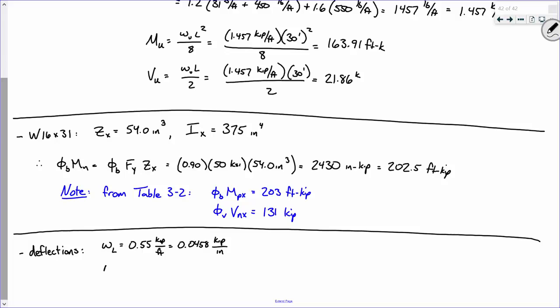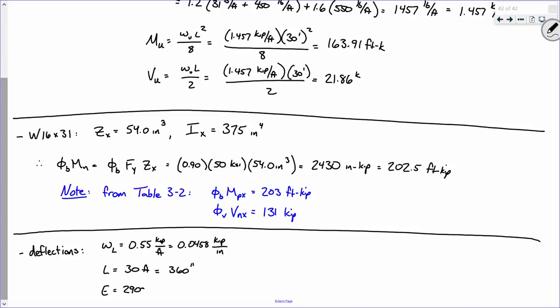Okay. Now the beam is 30 foot long or 360 inches long, right? Now what's E? That's right. E is 29,000 ksi.